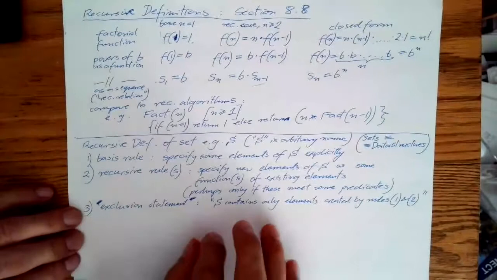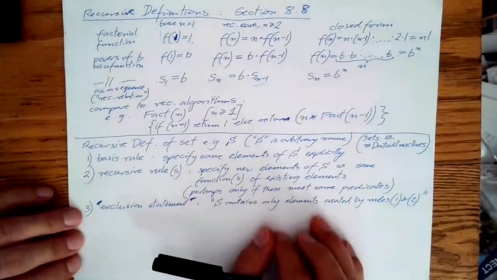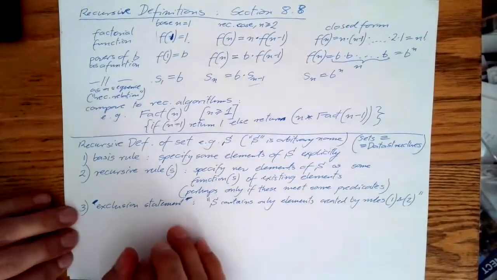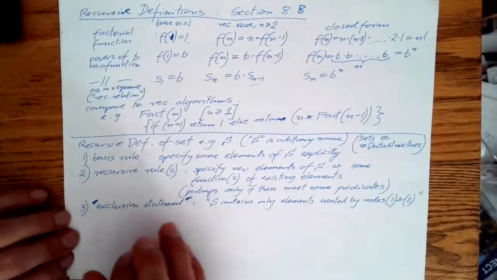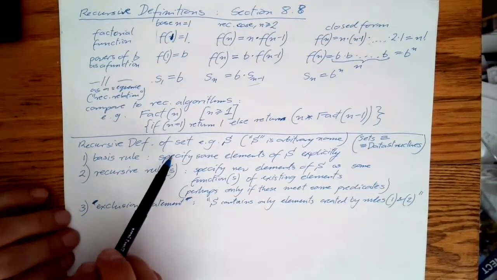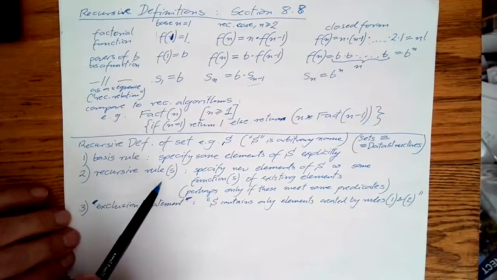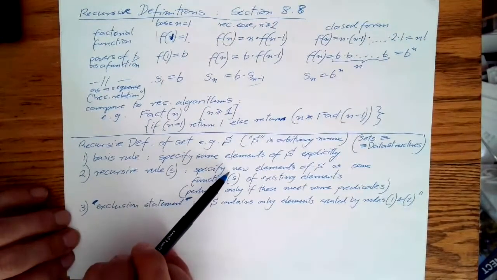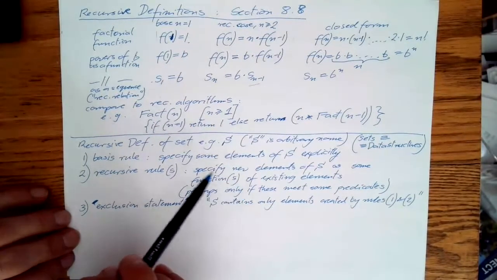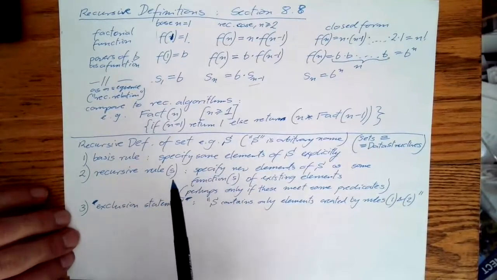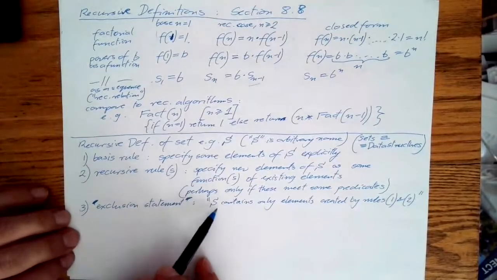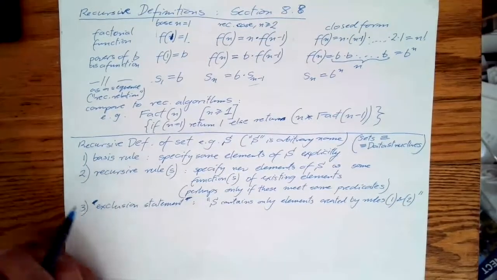Okay, and that statement will be the same no matter what you define. So therefore, you don't need to repeat it. The point is that the basis rule will say the following things belong to the set. The recursive rule says if something belongs to the set, then so does something new. But they don't exclude that perhaps something completely different can belong to the same set as well. Well, this is excluded by this exclusion statement.